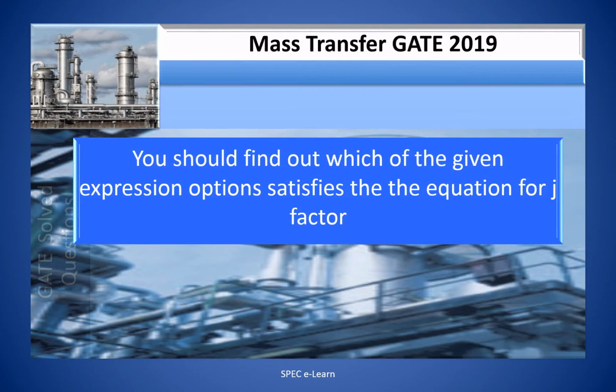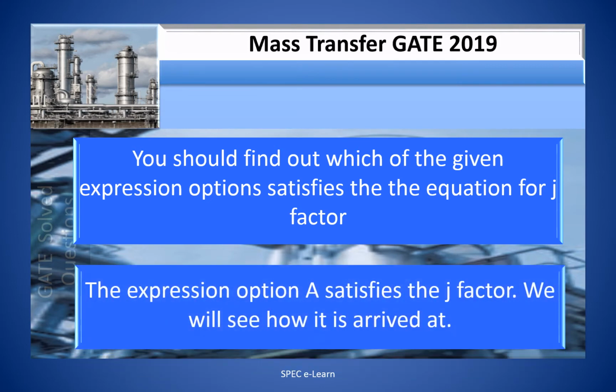The key to find the solution for this problem is that you should find out which of the given expression options satisfies the equation for J factor. The expression in option A satisfies the J factor. We will see how it is arrived at.